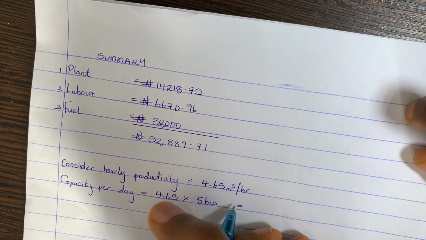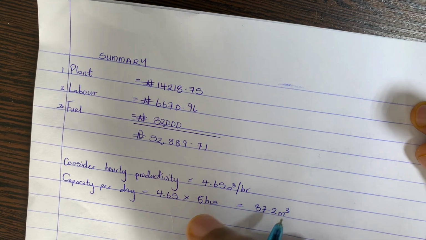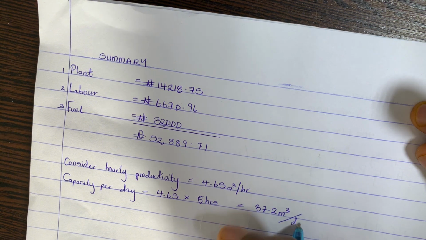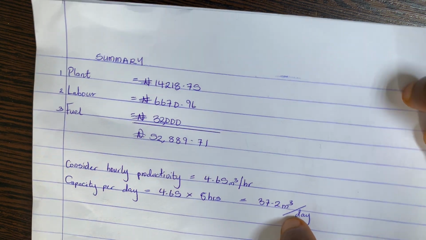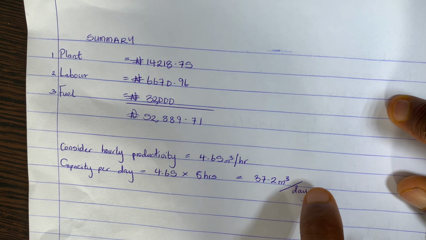That will give us 37.2 meter cube per day. So it means that this concrete mixer can mix about 37.2 meter cube in a day.